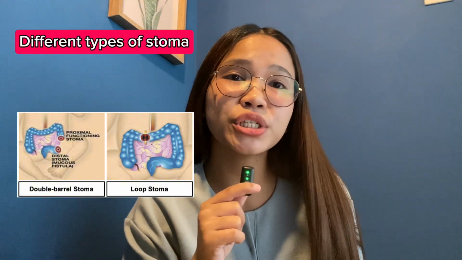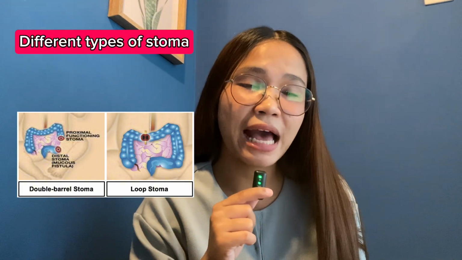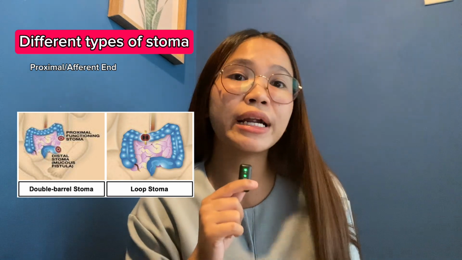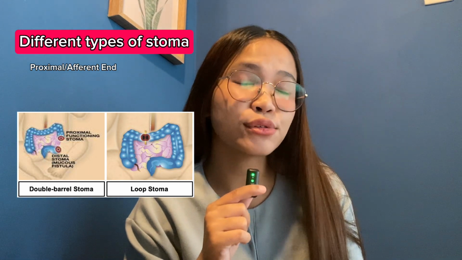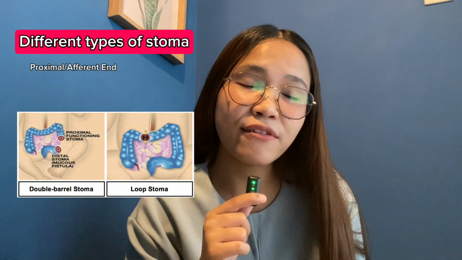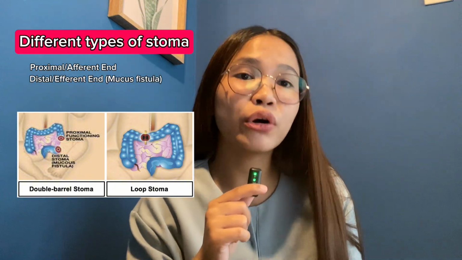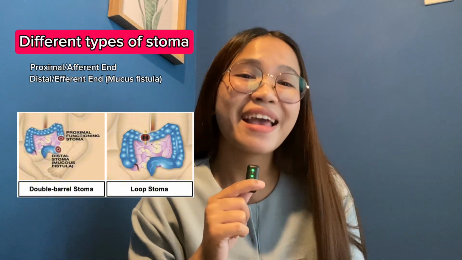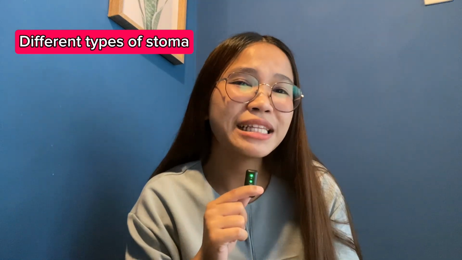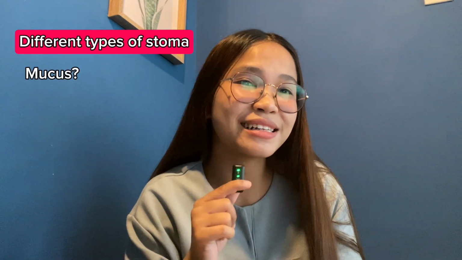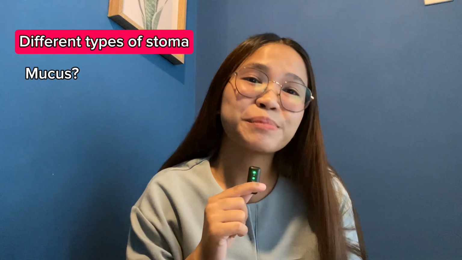And the similar features that they have is that both of them, they have a proximal end or an afferent end, which is the active part, the one that releases stool. And they also have a mucus fistula or the distal end or the efferent end, the one that will release mucus. Ma'am, ba't naman nagre-release ng mucus yung distal end ng mga colostomies na yan?